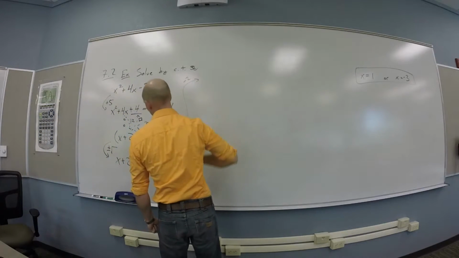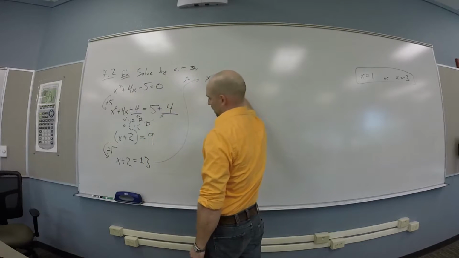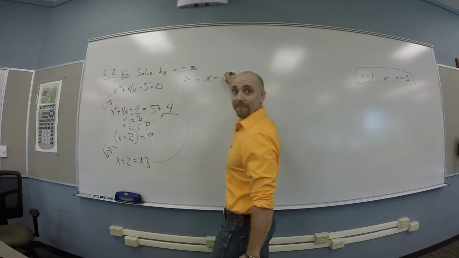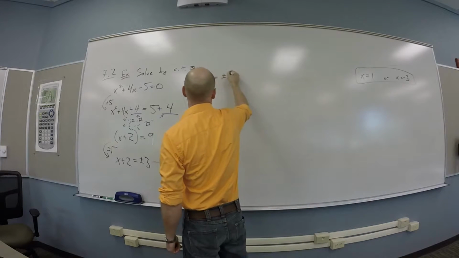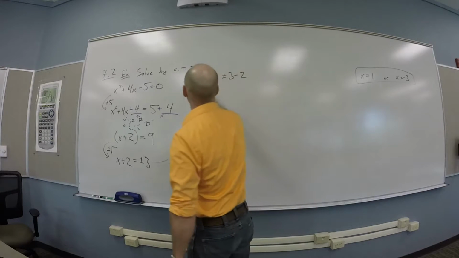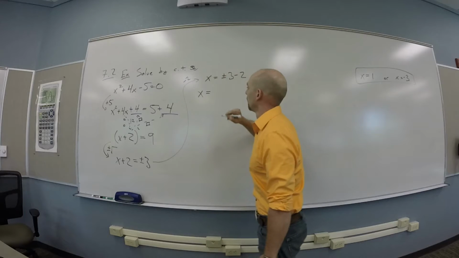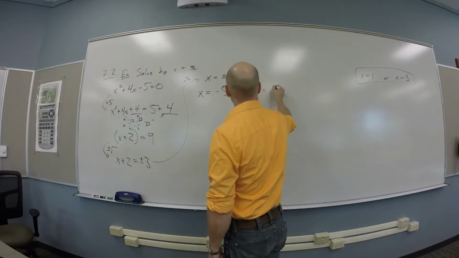So I subtract 2 from both sides. So I've got x is, leave the plus or minus in there for a second. Sorry, plus or minus 3 minus 2. So that means x is negative 5 or x is 1.